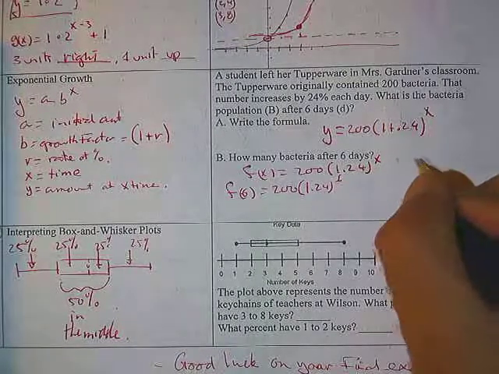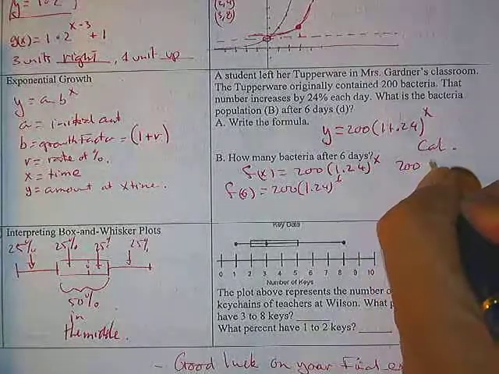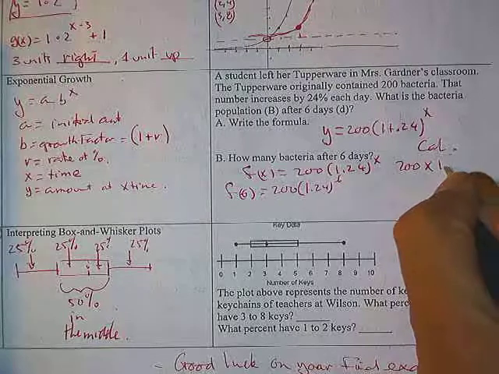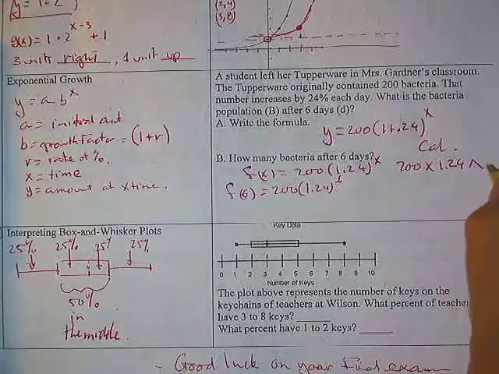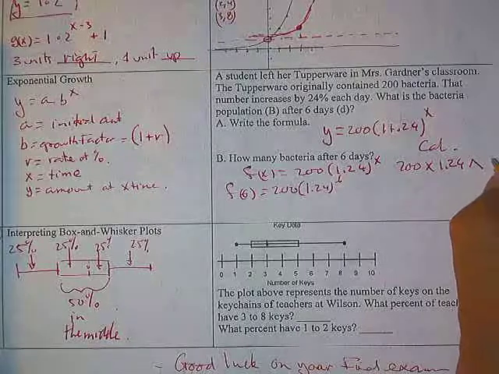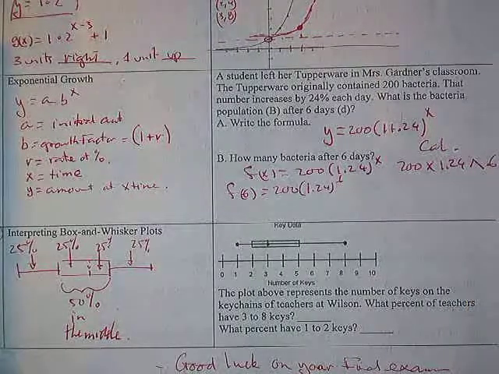So let's replace x with 6. So f of 6 means how many bacteria on day 6. That's 200 times 1.24 to the 6 power. Your calculator is smart, it knows order of operations, so you can just type it in the way it's written.